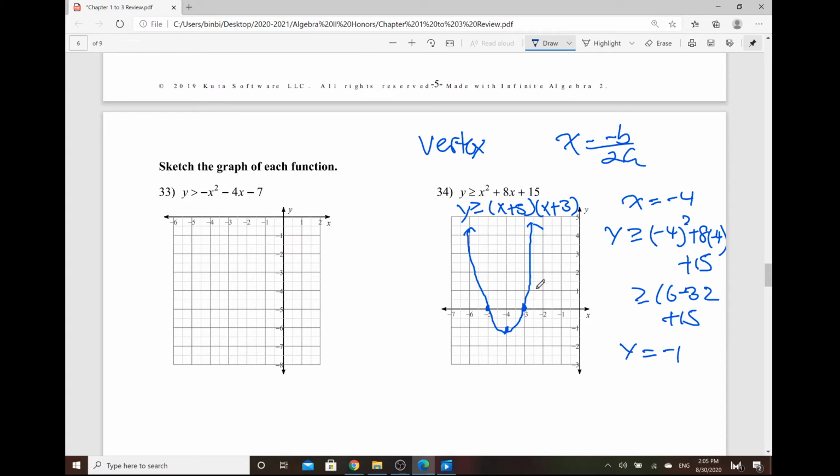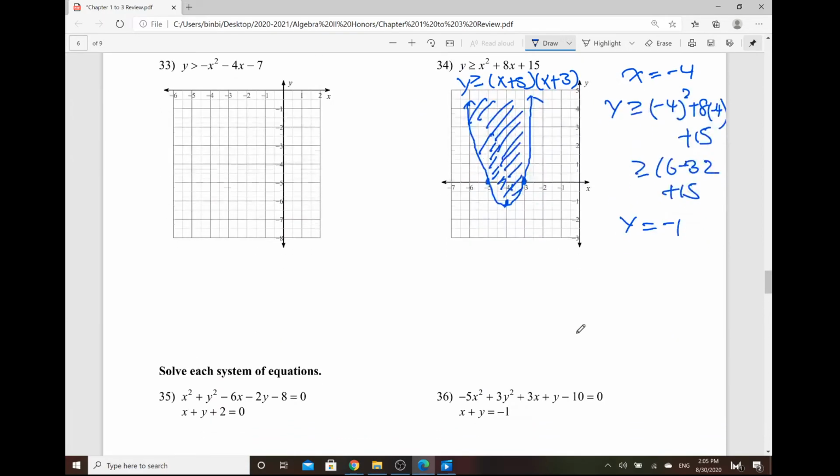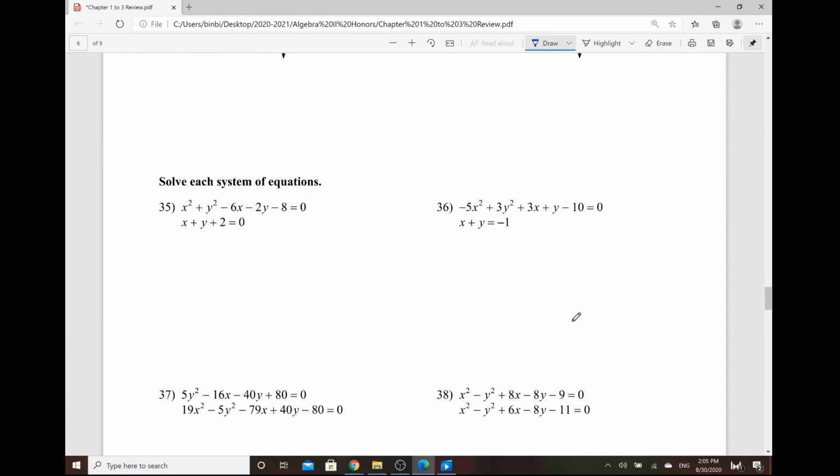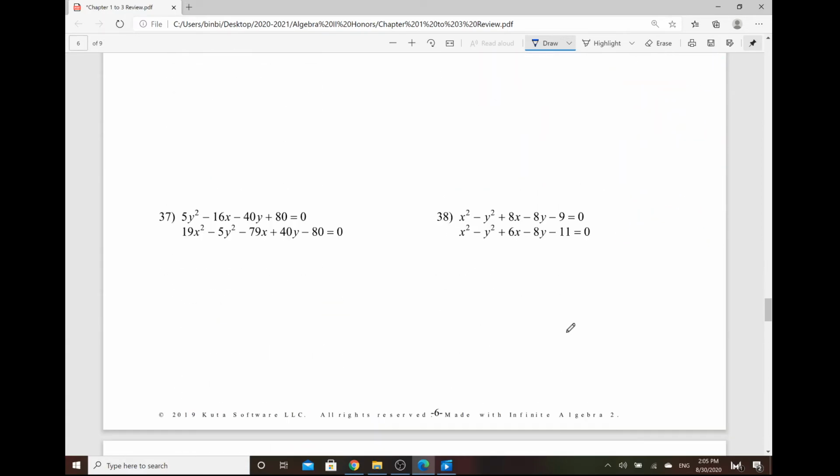Is that going to be outside the parabola or inside the parabola? As you can see, everything outside the parabola, down here, is less. So we need to shade inside the parabola, all the area inside the parabola. And that would be the quadratic inequality. So check that. So number 34.